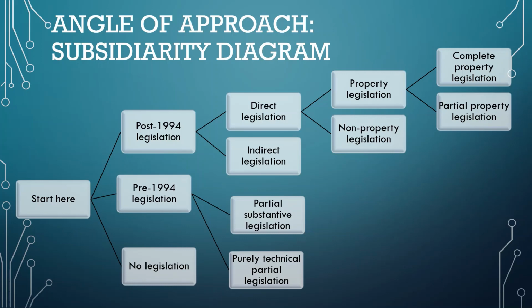Now, if we go back in the diagram, we will also note a possibility is that the legislation might be pre-1994 legislation. So we're back here at the pre-1994 legislation. And this legislation obviously predates our democracy.